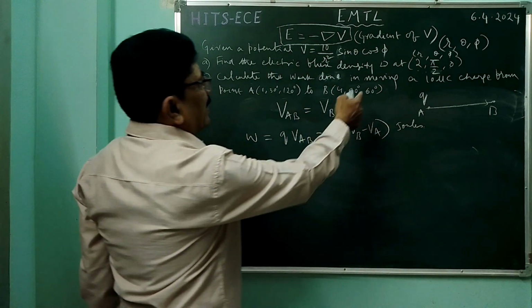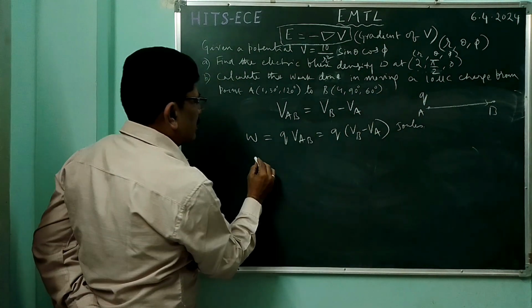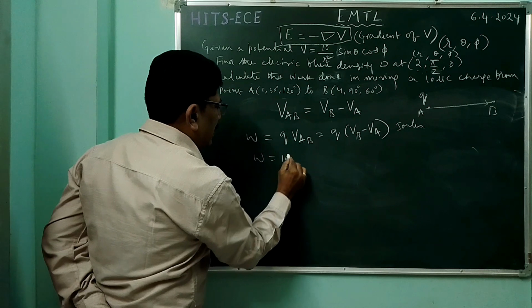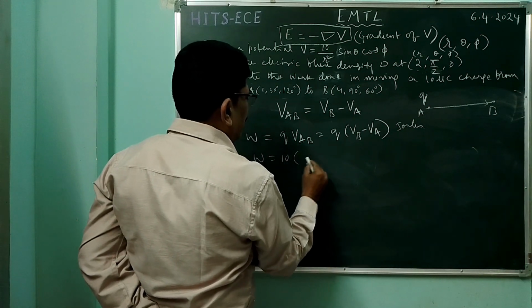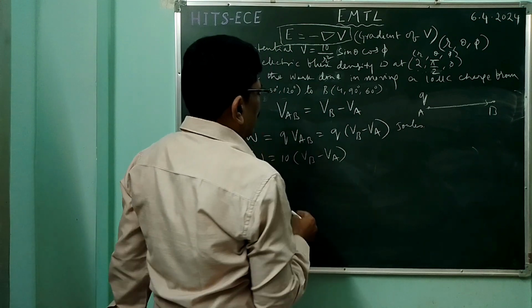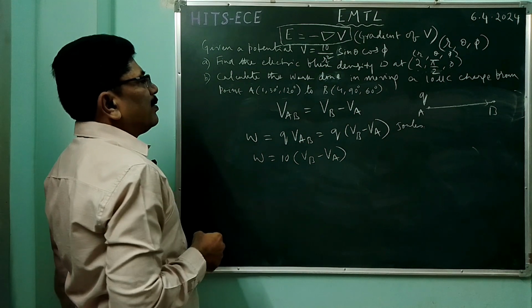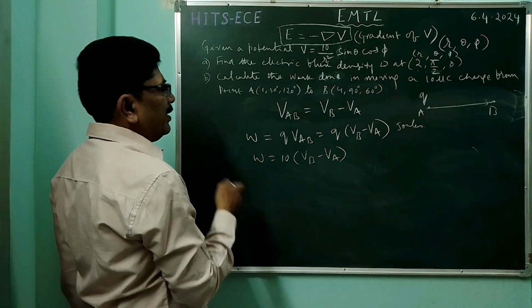Q is given as 10 microcoulombs. So W is equal to 10 microcoulombs into (V_B minus V_A). For V_B, we have to consider the coordinates at B and find out V_B.